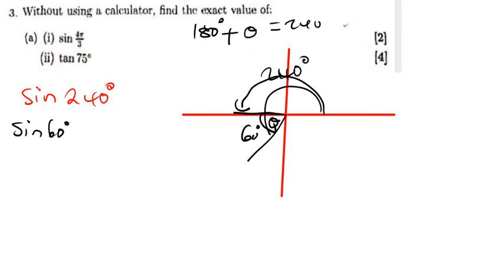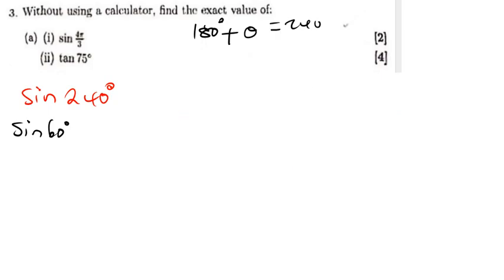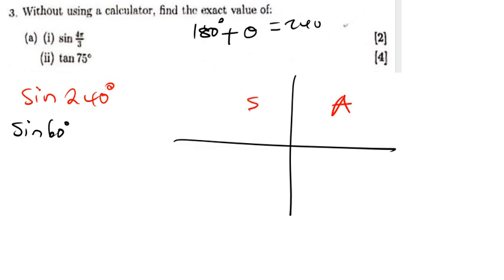We know that 60 is a special angle. Now we go back to our quadrants. We know that all students take chamba, meaning that in the first quadrant all trig functions are positive.